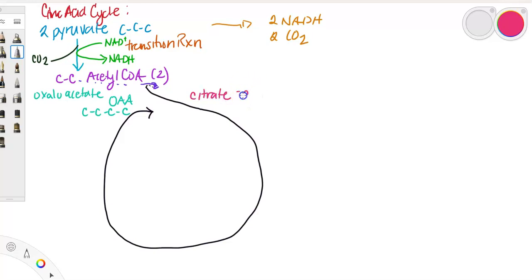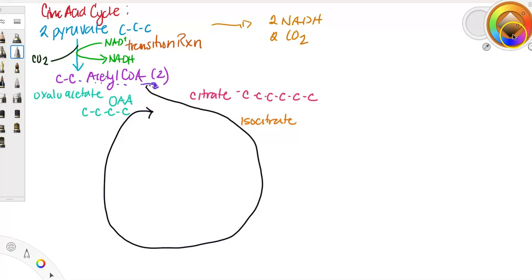And citrate is going to be 6 carbons long, because we just combined 2 carbons with 4. Once citrate is in there, it is converted to another molecule called isocitrate, which is still 6 carbons long.